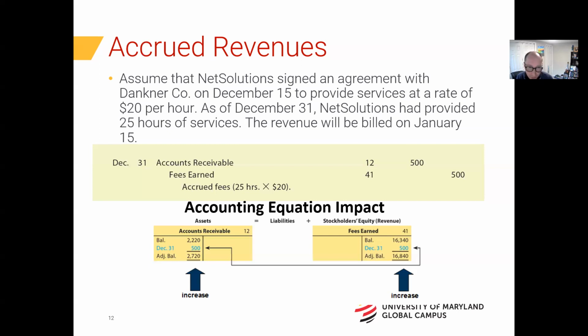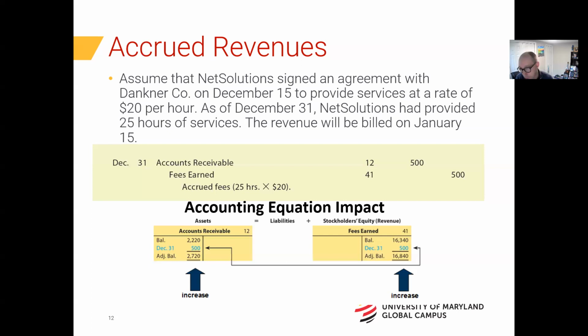So in this example, let's see how many hours. We account for 25 hours of service provided in the month of December. So $500. We debit accounts receivable and we credit fees earned.